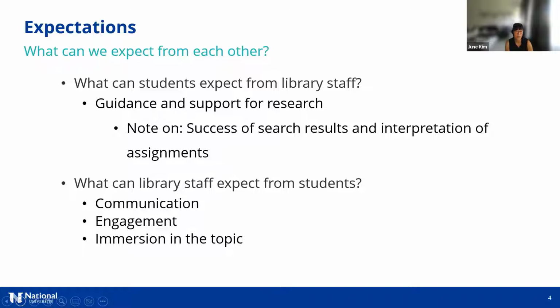But there were a couple things I wanted to touch on just to clarify. These are two common challenges that we have in the library when we work with students. Sometimes there's an expectation that a student will have a really specific research topic and will be looking for resources that match that topic exactly, and sometimes that just does not work.